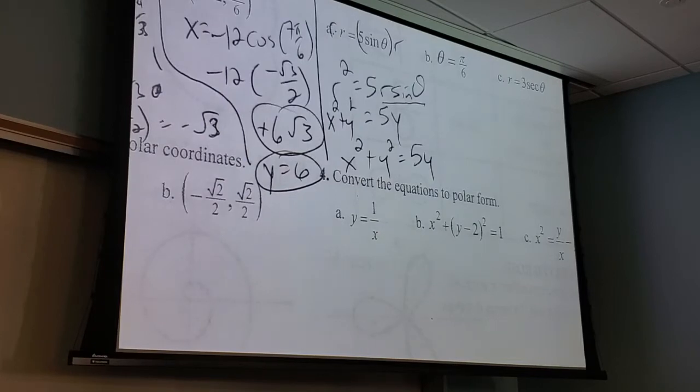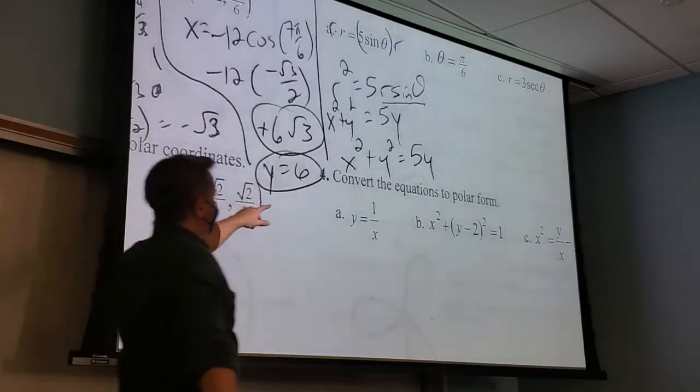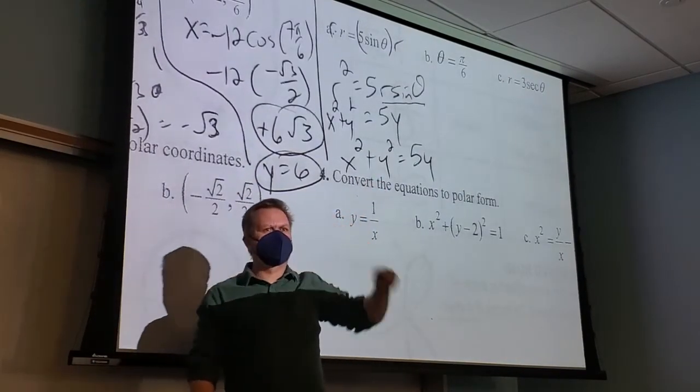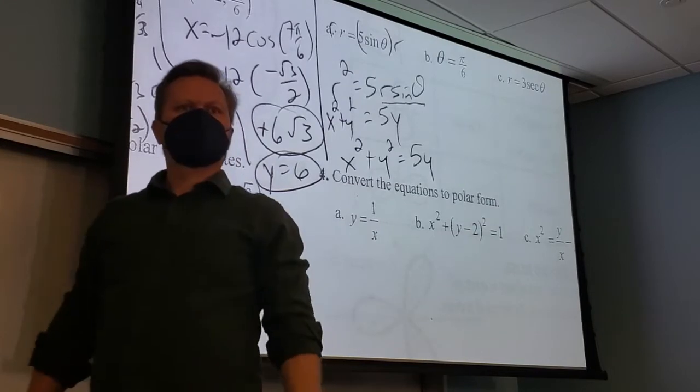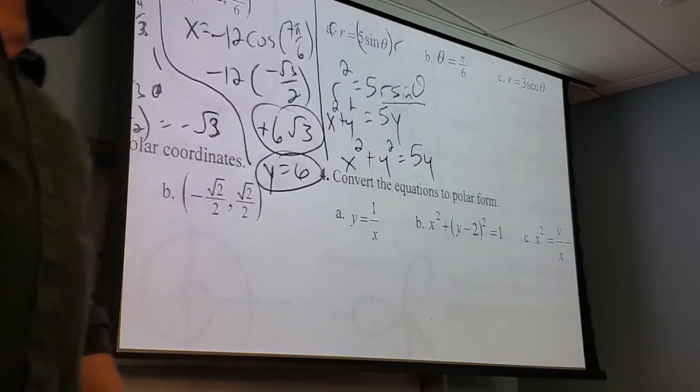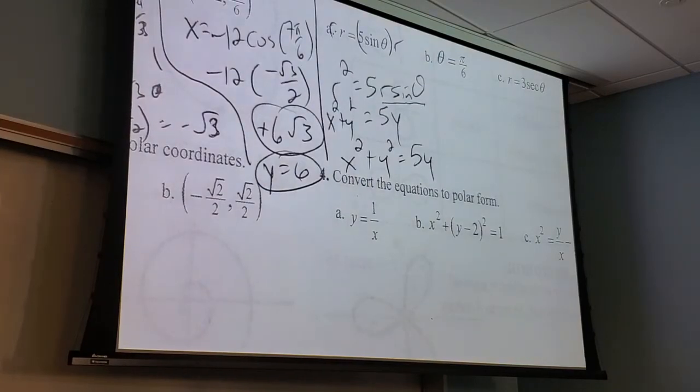Can anyone tell me what this is the equation of? Sine squared plus cosine squared equals 1. Nope. So if it was x squared plus y squared equals 1, what's that the equation of?